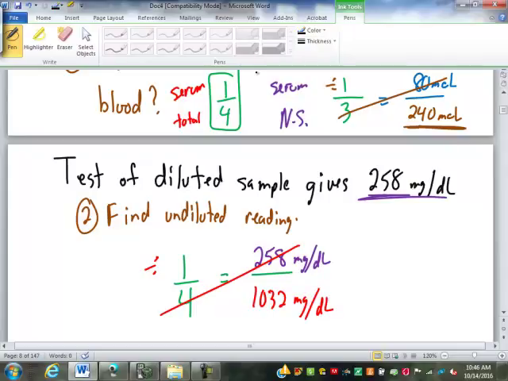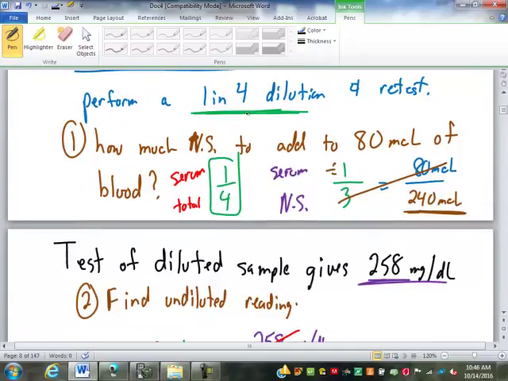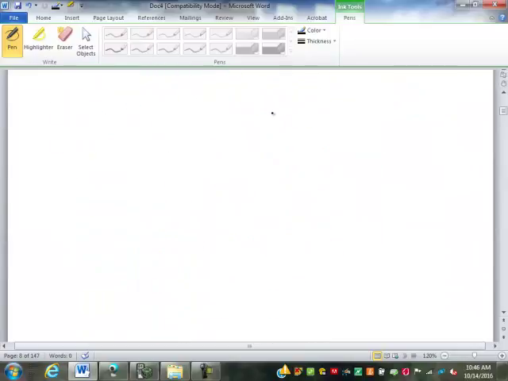Okay. Let's look at another example that we're going to approach just a little bit differently. So once again, we exceed the meter. We exceed the meter capability or exceed the meter range, however you want to word it.